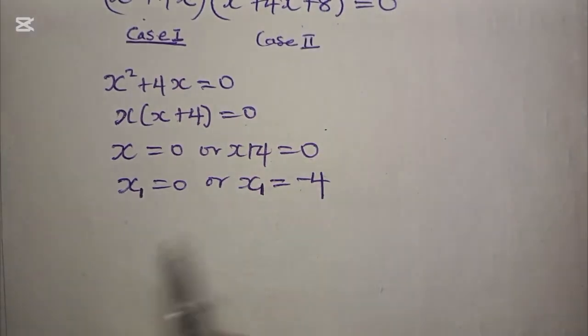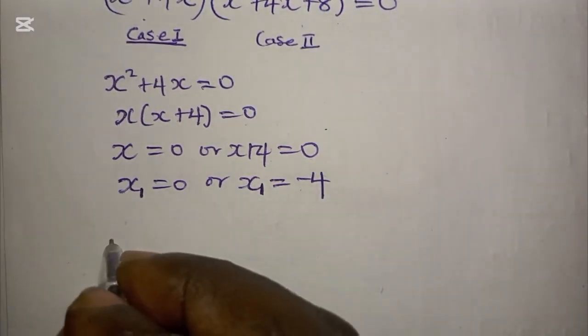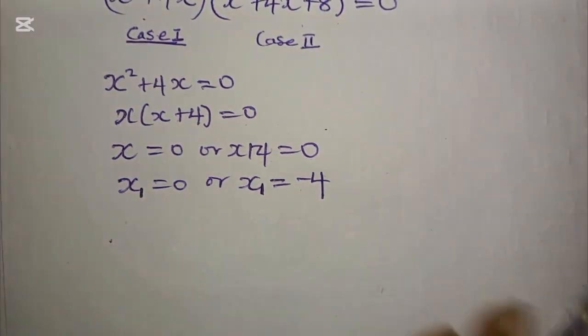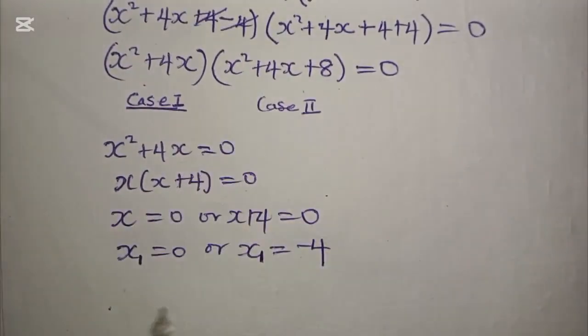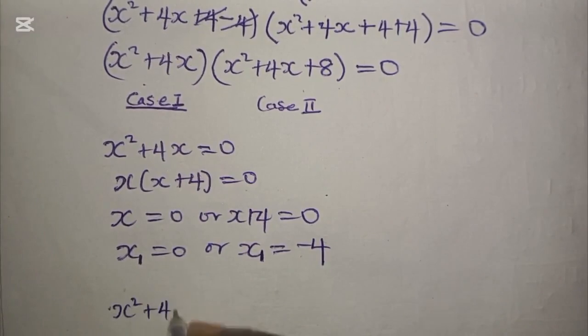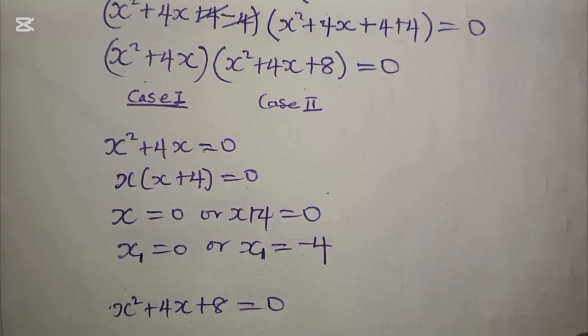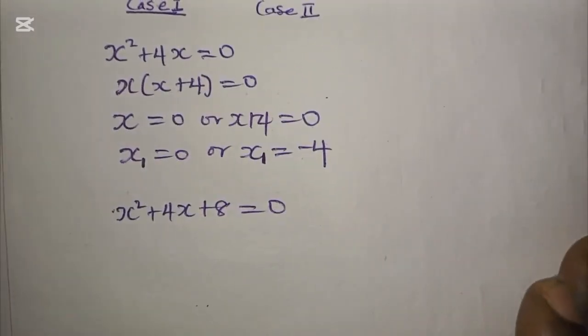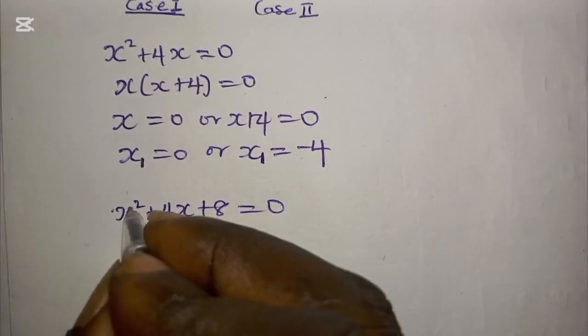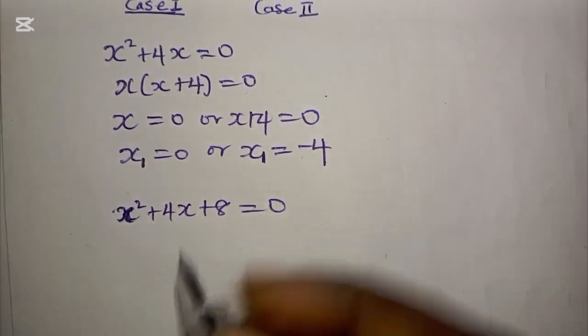For the second case, that is the second factor, which gives us x squared plus 4x plus 8 is equal to 0. From here, we cannot solve this quadratic equation using factorization.